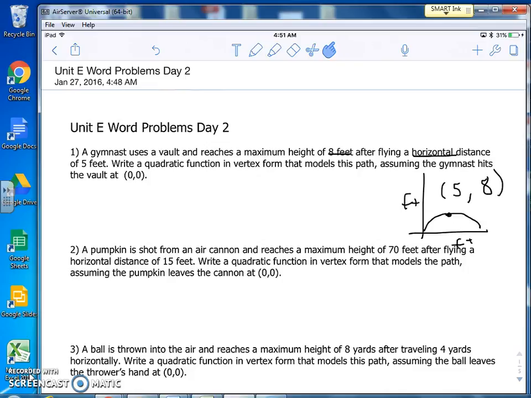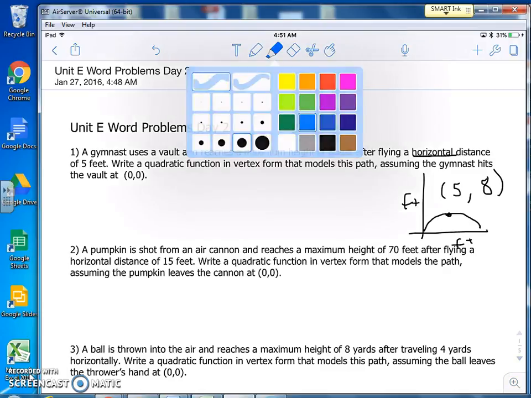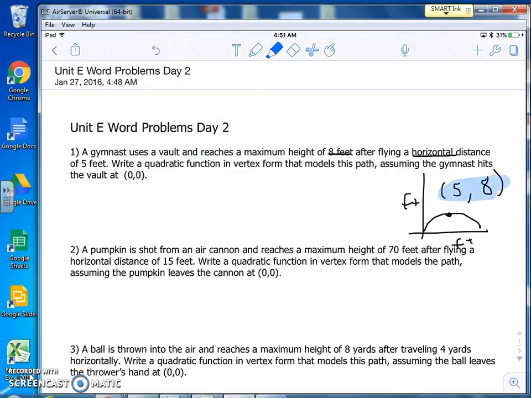It asks us to find the vertex. It asks us to put it in vertex form, and what we actually have is the vertex. So when finding the equation of a parabola in vertex form, given the vertex and a point, we're going to use our vertex formula.